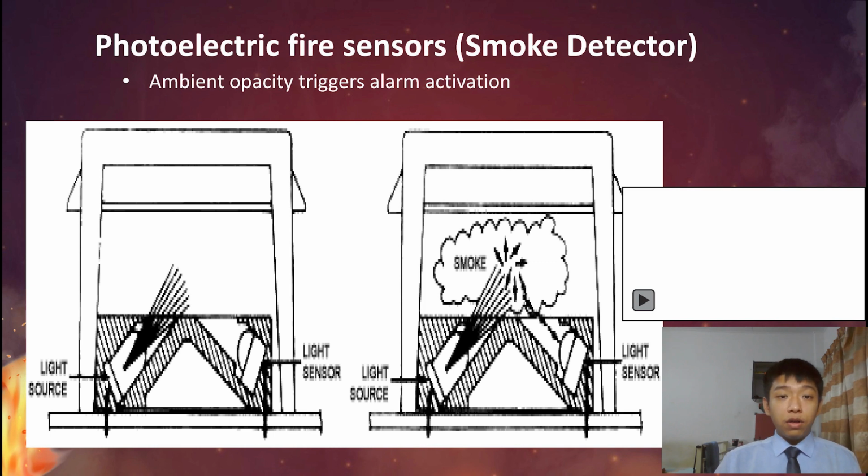How do they work? Photoelectric type alarms aim a light source into a sensing chamber at an angle away from the sensor. Smoke enters the chamber and reflects light onto the light sensor, triggering the alarm.